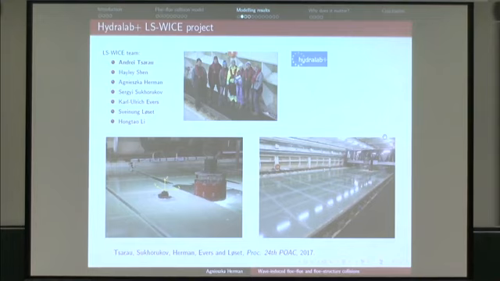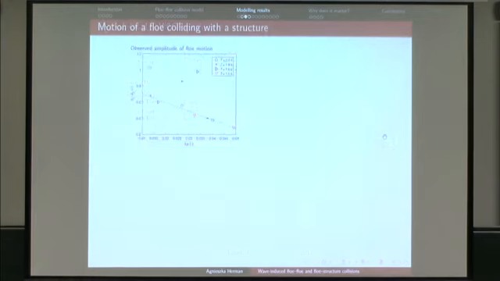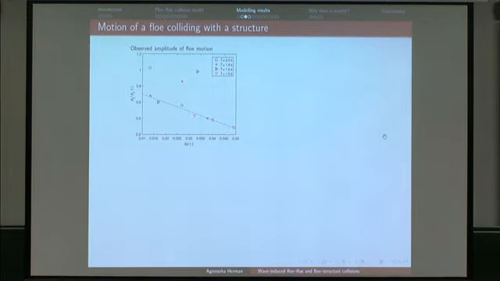And you can see the setup here. We have a structure and ice floes cut into regular pieces, and we run waves with different parameters through that. And one of the aspects of the results is shown here.